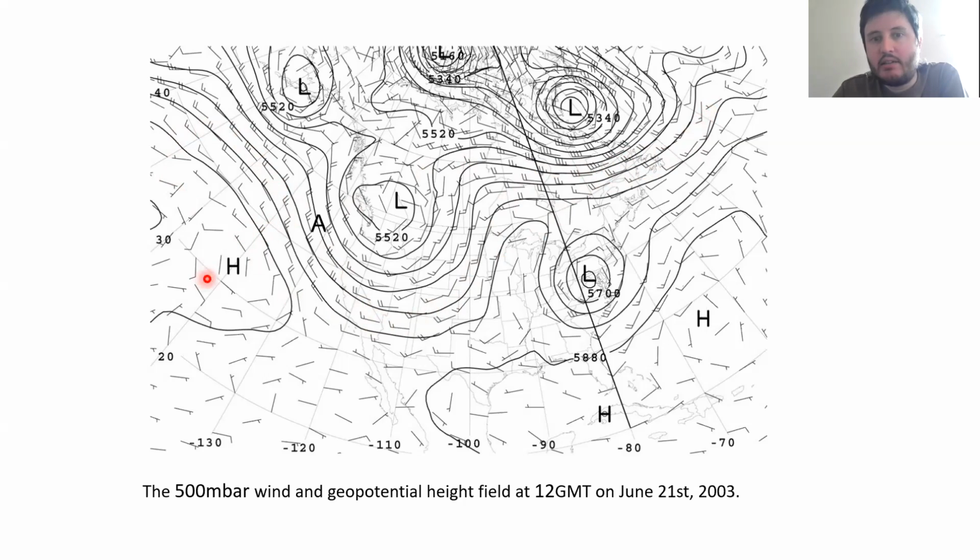Another thing we can see, and we will see it more, is that in places where the meridional gradient of geopotential height is larger, so the isohypses of constant geopotential height are packed together, the wind is stronger.